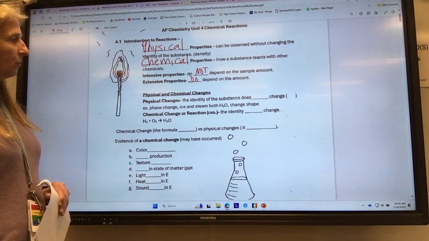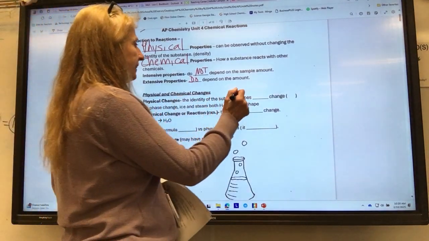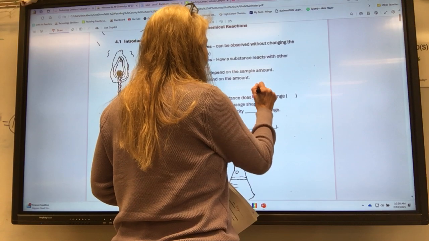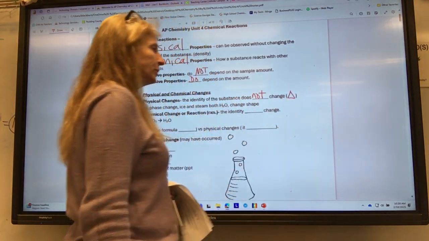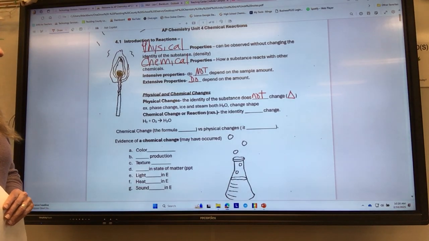Now, back to chemical and physical changes. With physical changes, the identity does not change. And remember, the chemistry and math symbol for change or difference is the Greek letter delta. So that makes it easier to write. So this would be a phase change. Ice and steam are both H2O, something changing shape.